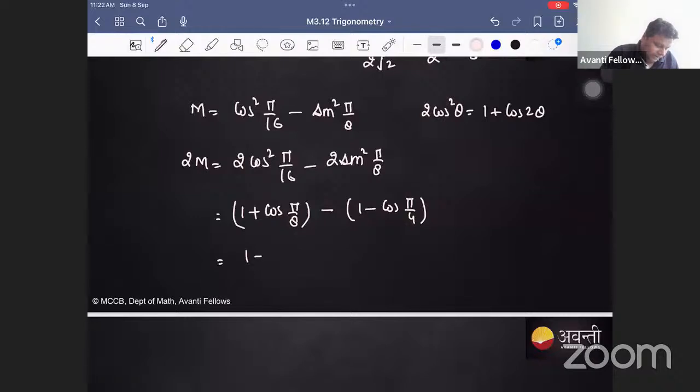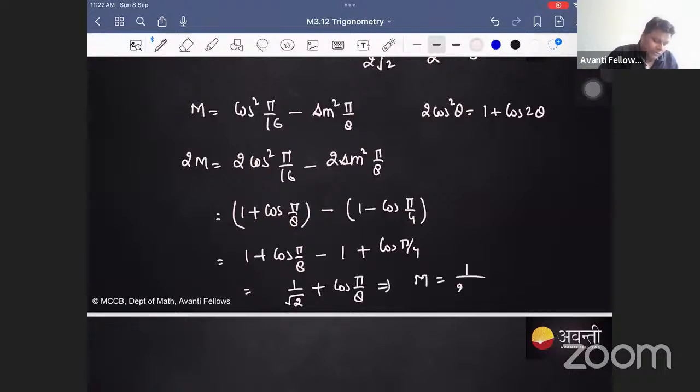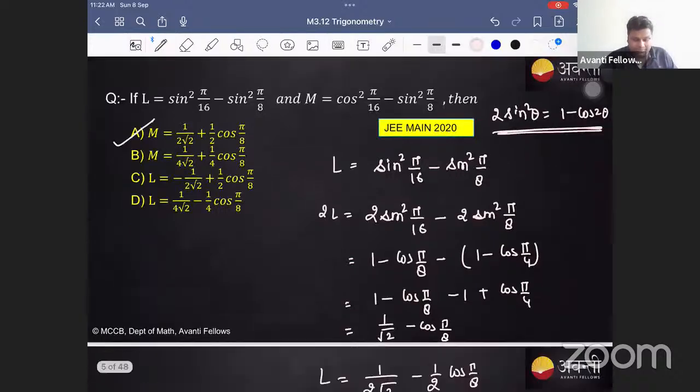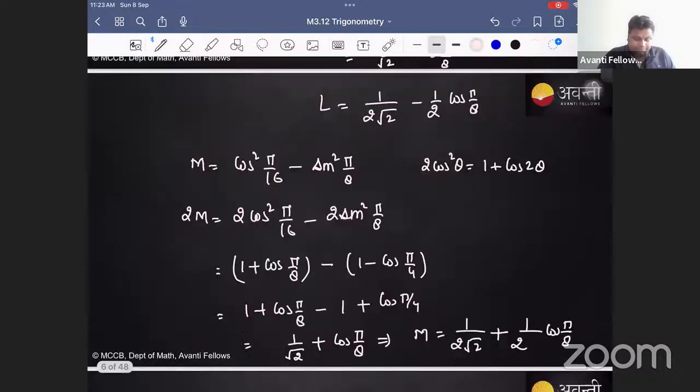Now it is 1 plus cos pi by 8 minus 1 plus cos pi by 4. So that is 1 by root 2 plus cos pi by 8. This is 2M. So M came what? 1 upon 2 root 2 plus 1 by 2 cos pi upon 8. Does any option match? 1 upon 2 root 2 plus 1 by 2 cos pi by 8. A is correct.